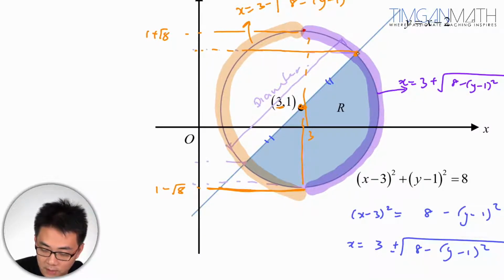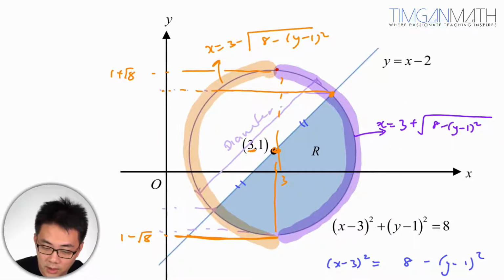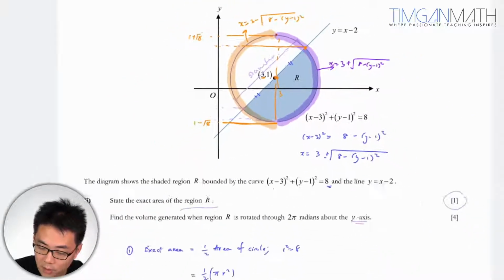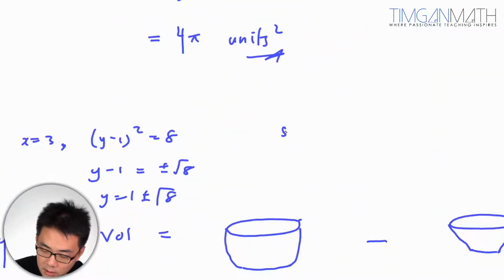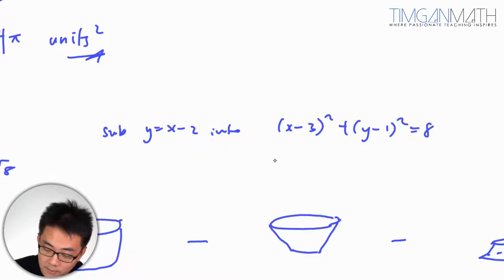This point here you can find by just substituting both of them in. So I'm just going to quickly sub it in and see what the value is. I'm substituting y equals x minus 2 into the equation of the circle, and this would be (x minus 3) squared plus (x minus 3) squared equals 8.